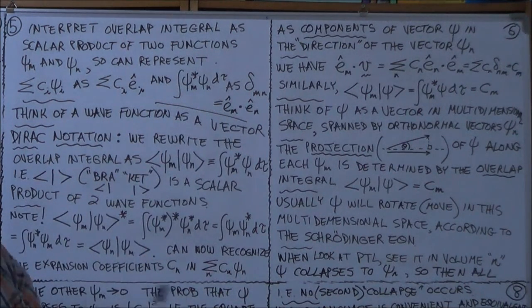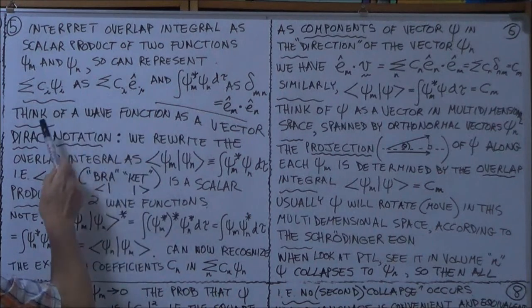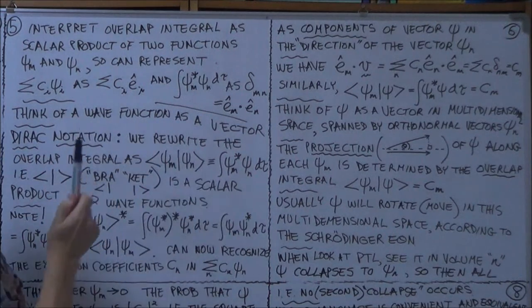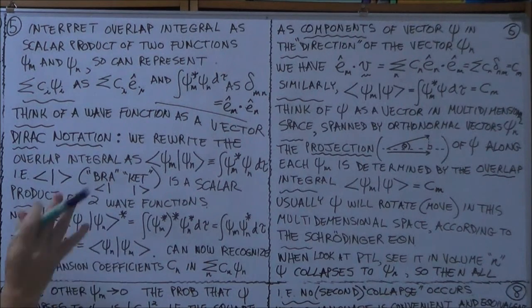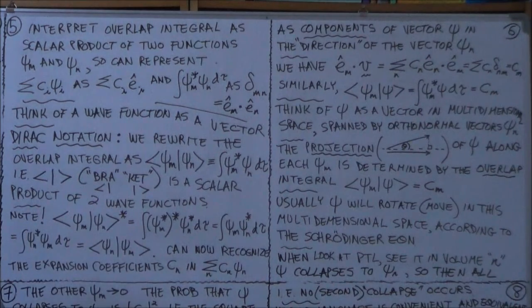You're mapping two languages, the language of wave functions and the language of vectors in a vector space. So here's the main idea. You just think of a wave function as a vector, and then you can use all the mathematical tools of vector space theory, and that's a big topic in pure mathematics.